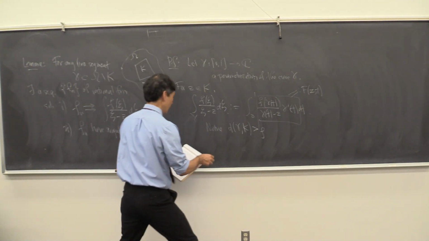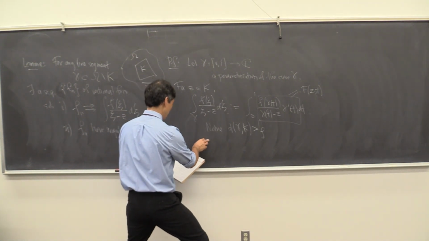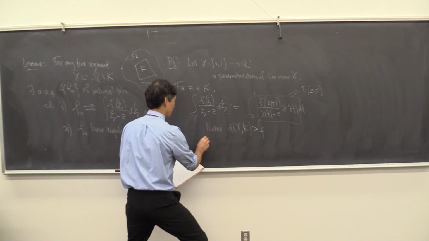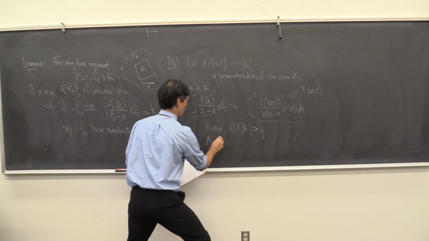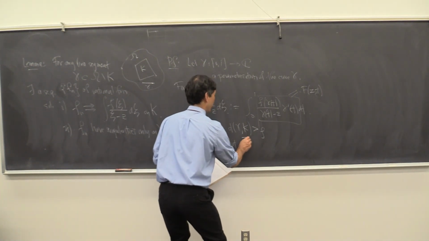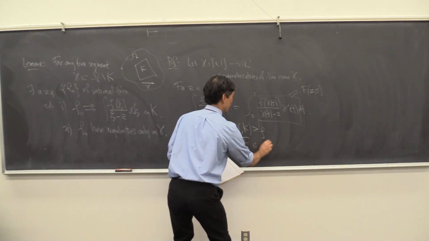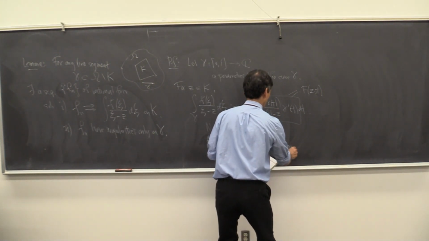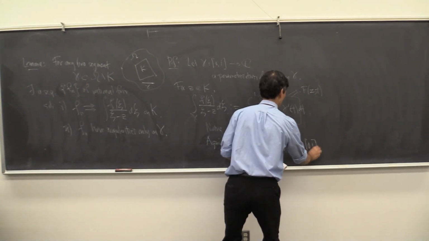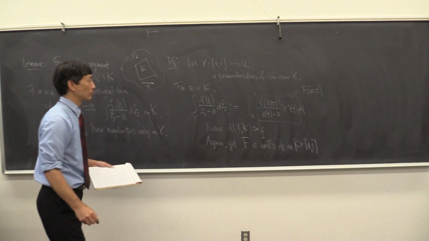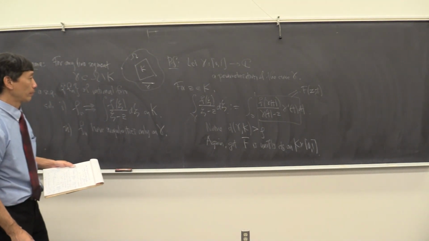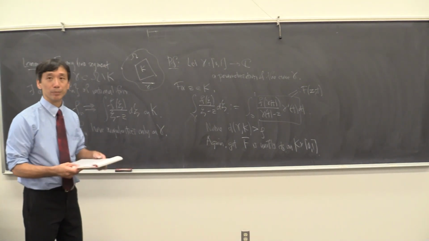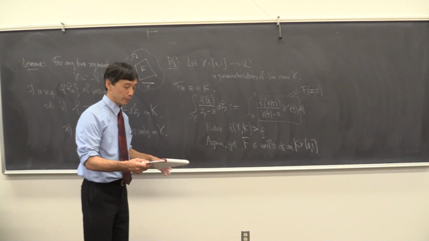Again, we get that f is uniformly continuous on K cross [0, 1], basically the same argument as before.